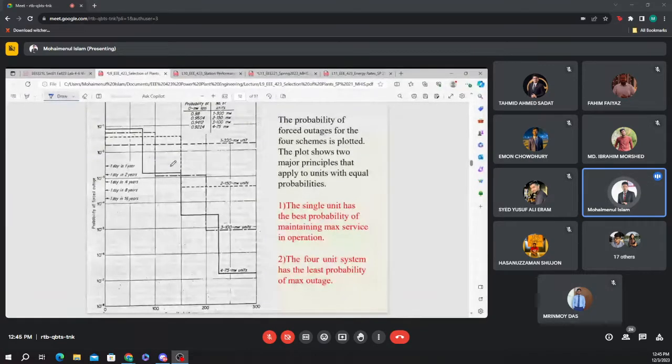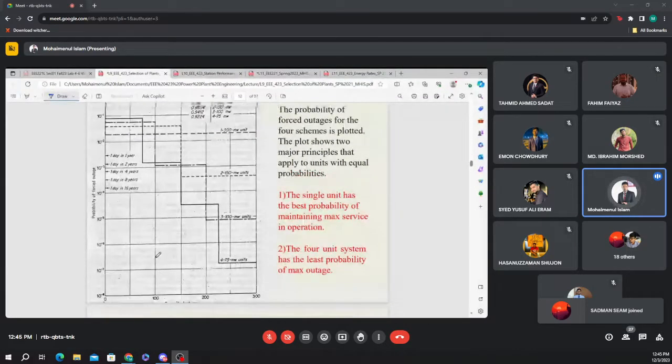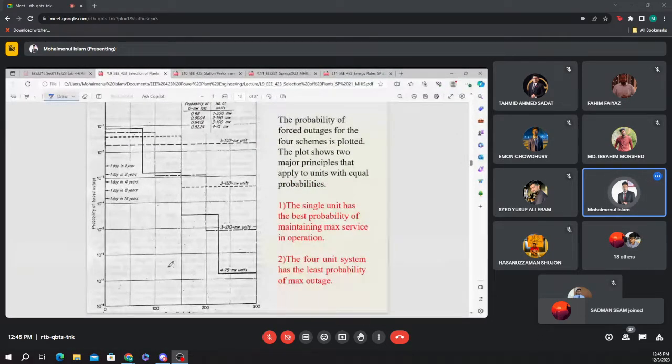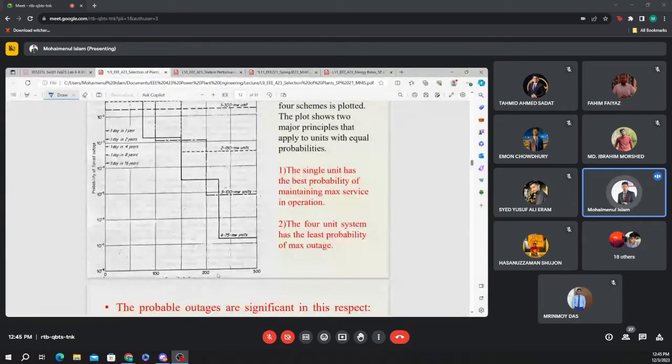So this is a graph where you see there are two axes: the y-axis is the probability of forced outage, and the x-axis is the total capacity. The x-axis shows the overall 300 megawatt capacity.